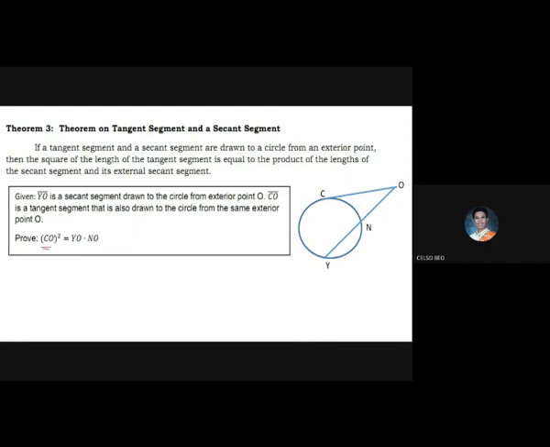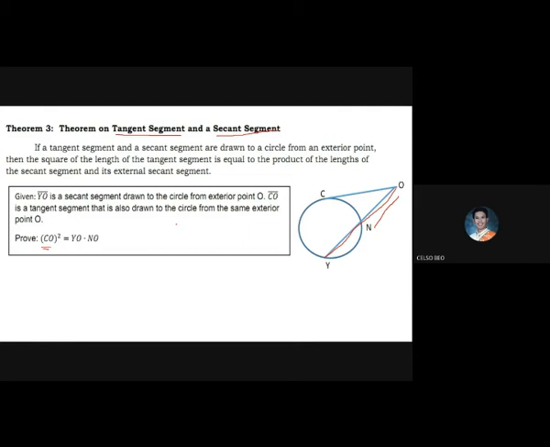The square value of your tangent line is equal to the product of your secant and its external secant. So again, in theorem number 3, if you have what we call the tangent segment and the secant segment, the square value of your tangent segment is equal to the product of your secant segment and its external secant.